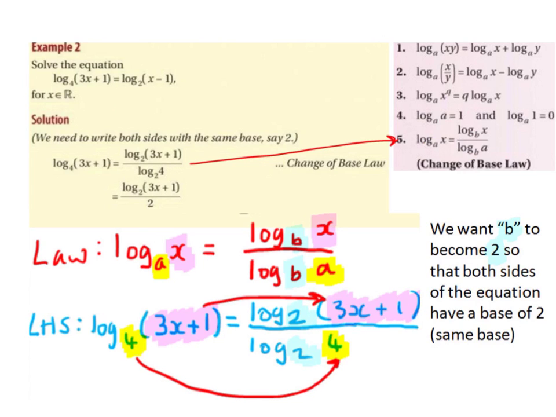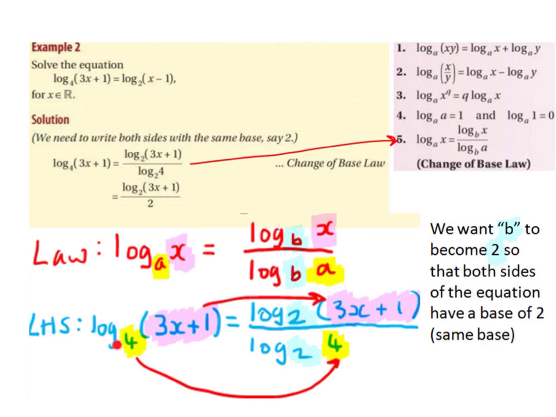And then we swap the b for 2 in our numerator and our denominator, because we want our bases to match up on either side of our equals. And on the right hand side we already have log base 2, so now we need log base 2 on the left hand side. So this is our formula. It's given to us in the log tables.